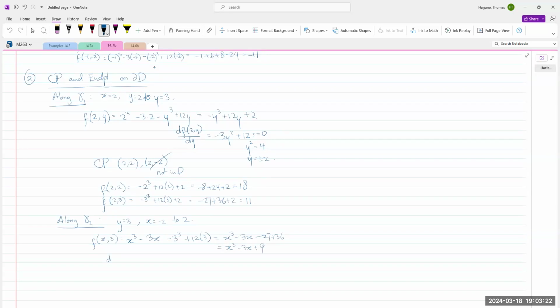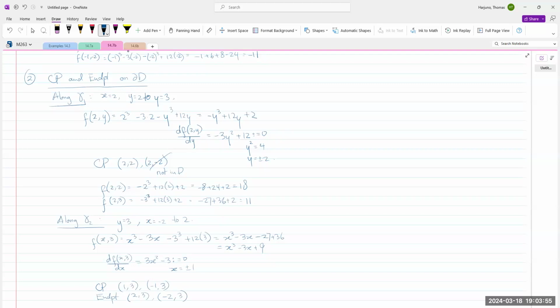So the derivative of that function of x only will be 3x squared minus 3. Set it equal to 0, we get x equals plus or minus 1. Okay, so the critical points will be 1 comma 3 and negative 1 comma 3, and the endpoints are 2 comma 3 and negative 2 comma 3.